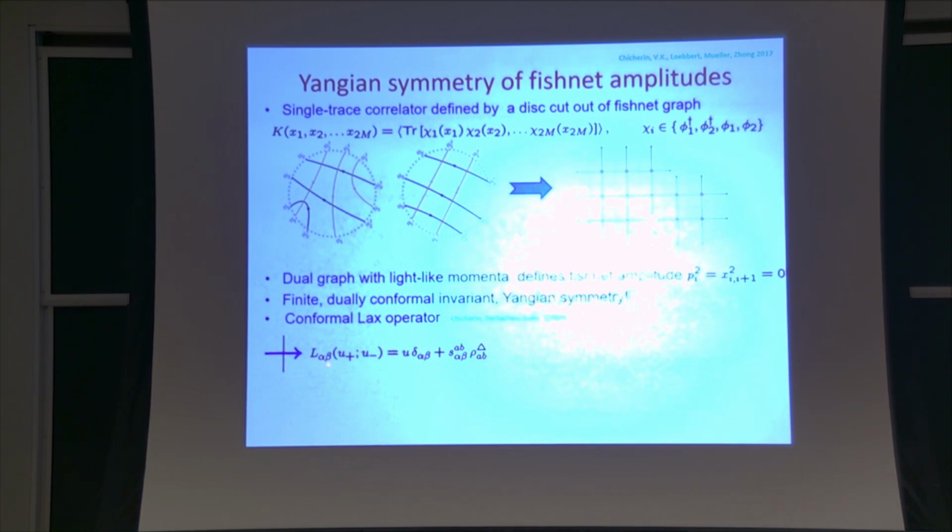So you have a 4x4 matrix L_{alpha beta}, which is u plus generators of SU(4), just fundamental generators, times generators of the conformal group. You sum up over A, B, the labels of generators. And so this is the space of the conformal group, and this space crossing it is this 4x4 matrix.